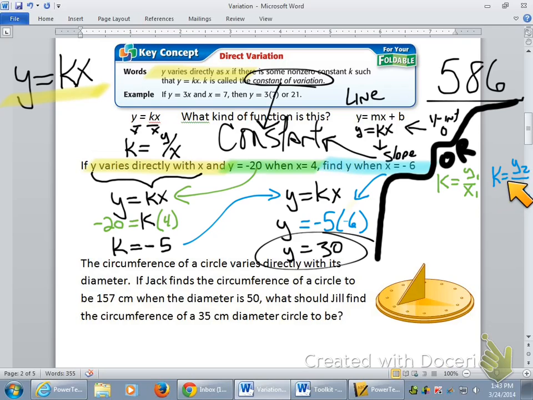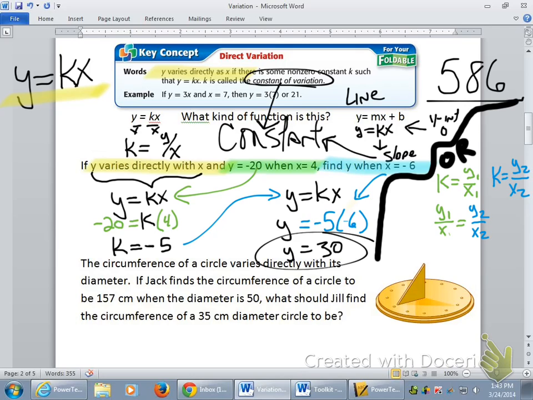That's exactly right. K is constant. So this k is equal to this k because it's not going to change. In other words, the green k equals the blue k, or the green y1 over x1 equals the blue y2 over x2.